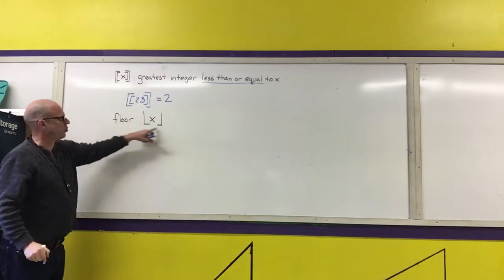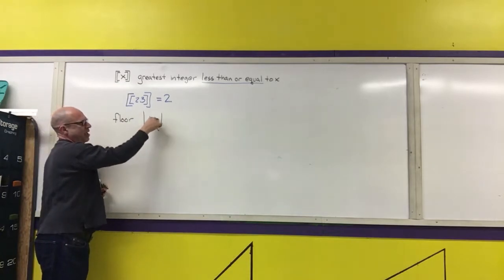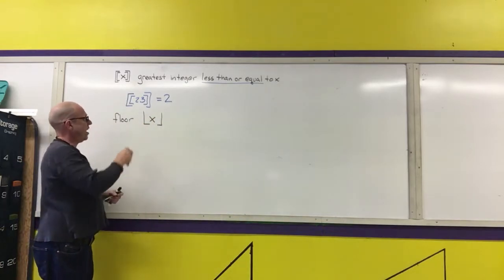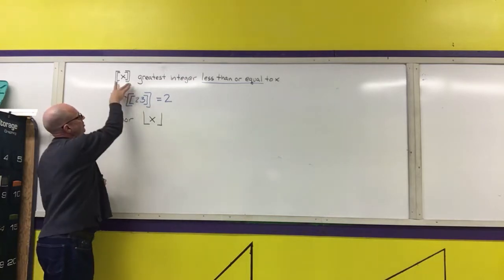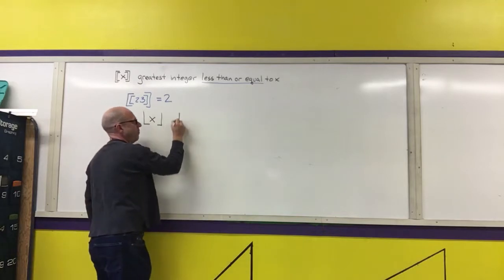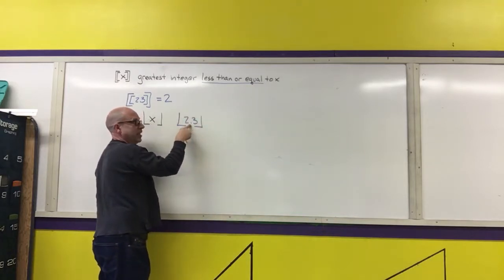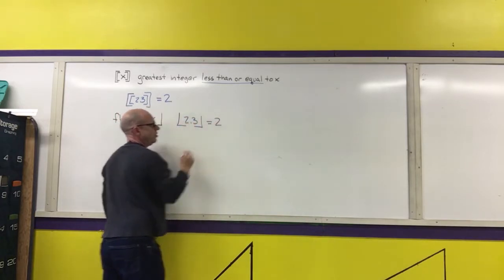It looks like the square brackets without the tops on them, and you can think of this as, hey, I want to find the value that's an integer that's underneath that number. So the way I'm going to use it in class is I'm going to call this the floor function, and anywhere you see the double brackets in the textbook, you can replace them with these. And if I want to know the floor of 2.3, it's the integer that's right below 2.3, which would be 2.